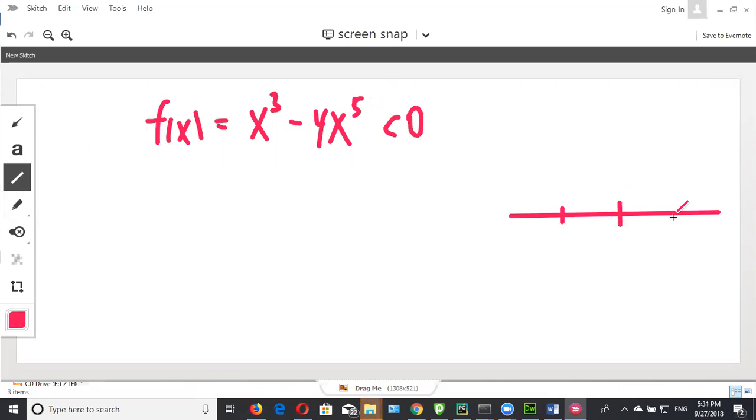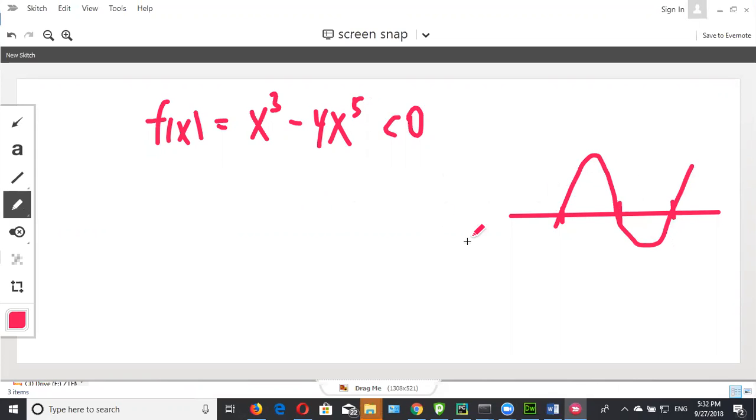So, for example, if the graph looked like so, then in this region here, it's above 0 completely. In this other region, it's below 0. In the final region, it's above 0.